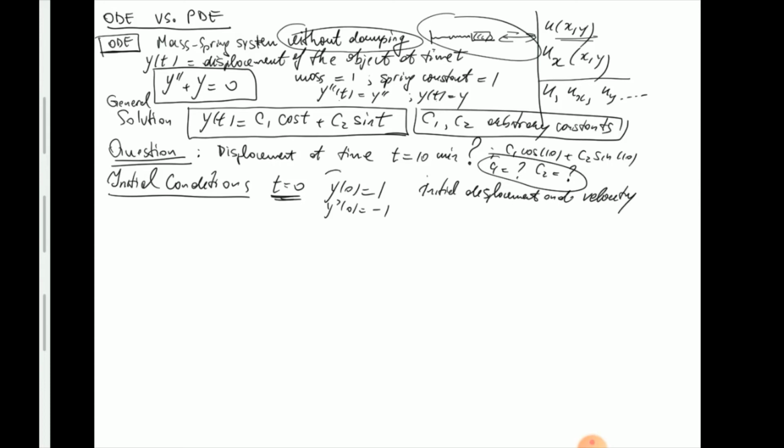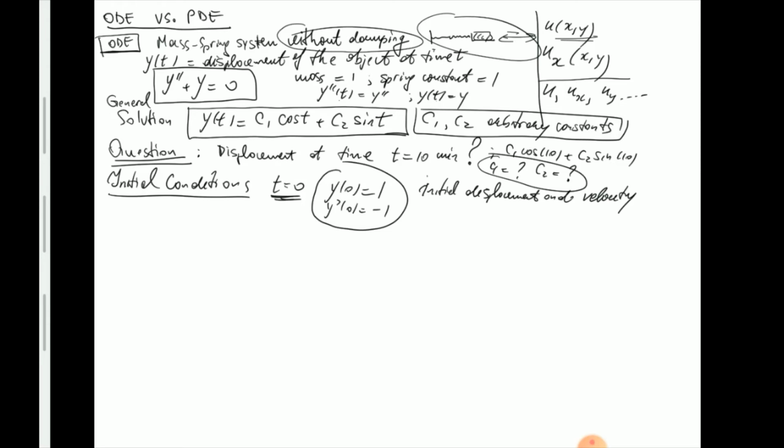And if you have sufficient initial information, and by the way, from the physics you know exactly how much information you need. To determine a motion in the context of a mass spring system, you need both the initial displacement and the initial velocity, so that you can determine exactly what the solution to the motion is.